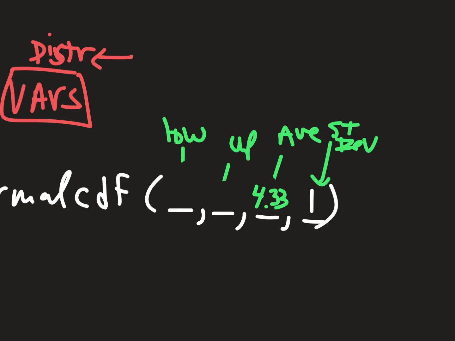Then, the lower and the upper, that's kind of like this. Let's say you want to know how many people finished in 3 hours or less than that. Now, this is going to get weird because a good time is a low number.